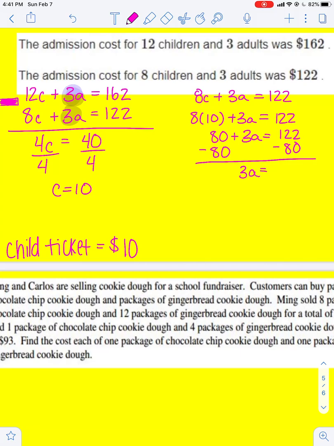That's going to give me 3A is equal to 42. And when I divide by 3, that A is equal to 14. So a child's ticket is $10 and an adult ticket is $14.